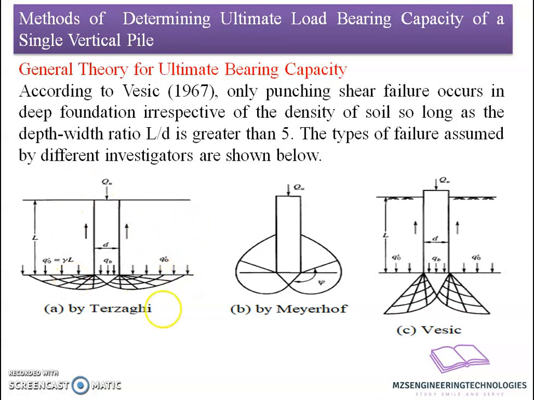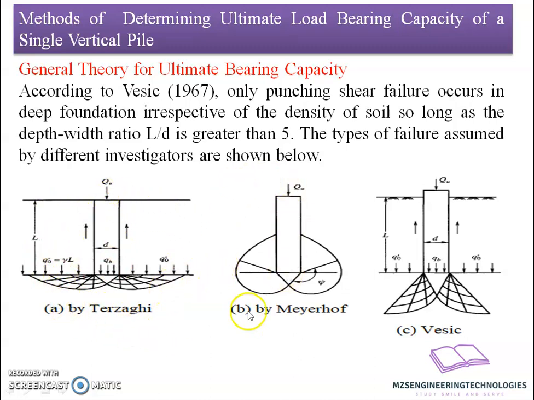We know well about the Terzaghi equations, which have been suggested for finding out bearing capacity of shallow foundation, which can be extended for a certain depth. But when the L by D ratio is more than 5, then this type of assumption doesn't remain valid. That comes as a limitation.